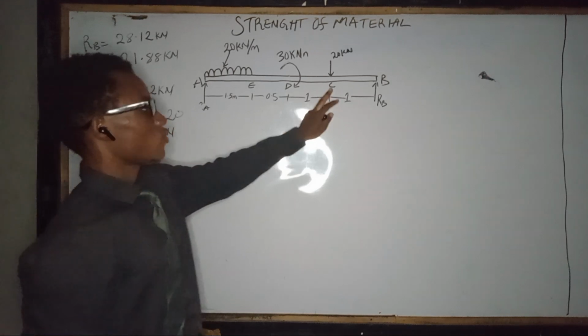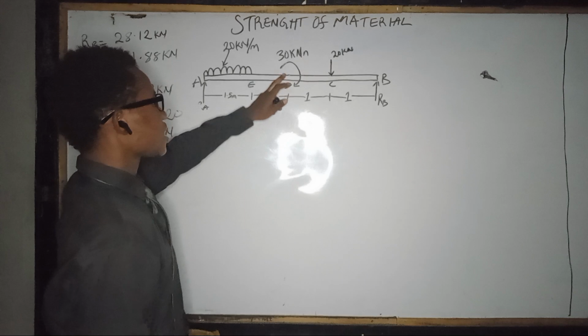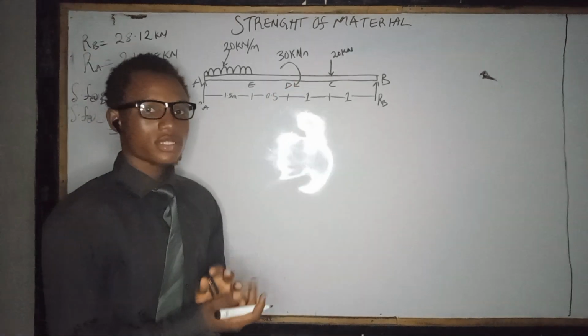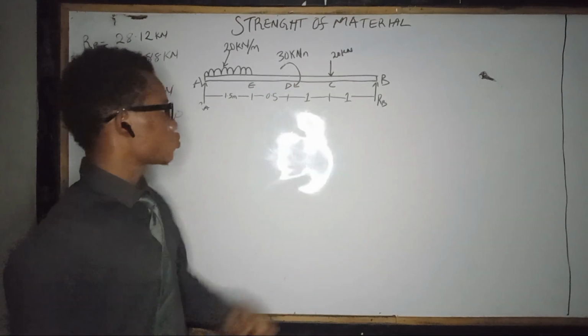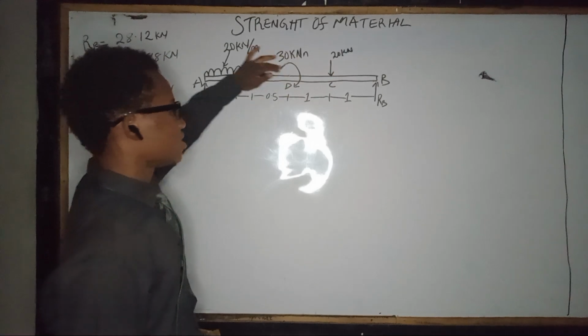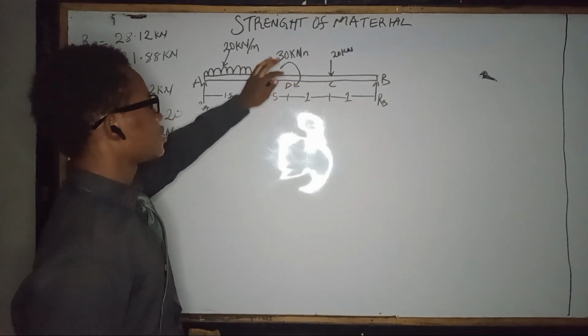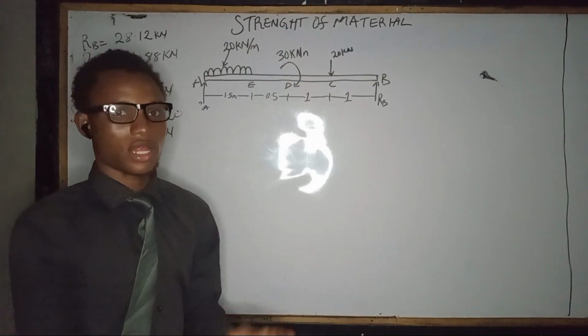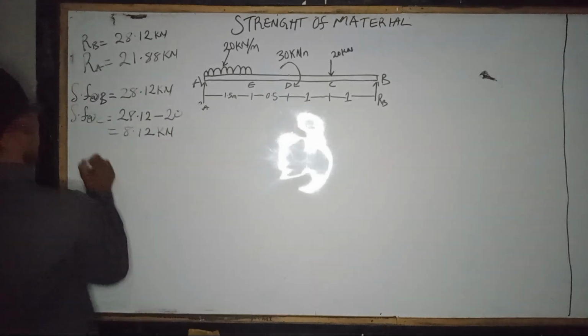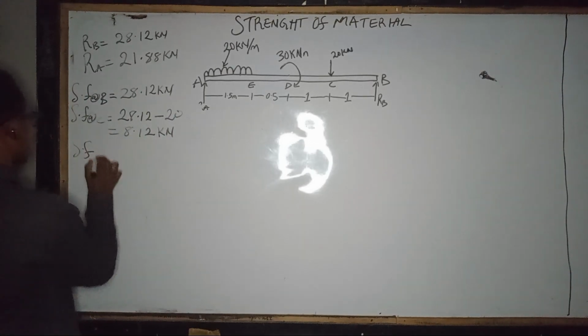That will be the shearing force at C. The shearing force at D, because this is a moment, does not count as a force, so it is going to keep continuing in a straight line till it gets to E before it starts experiencing another type of change.